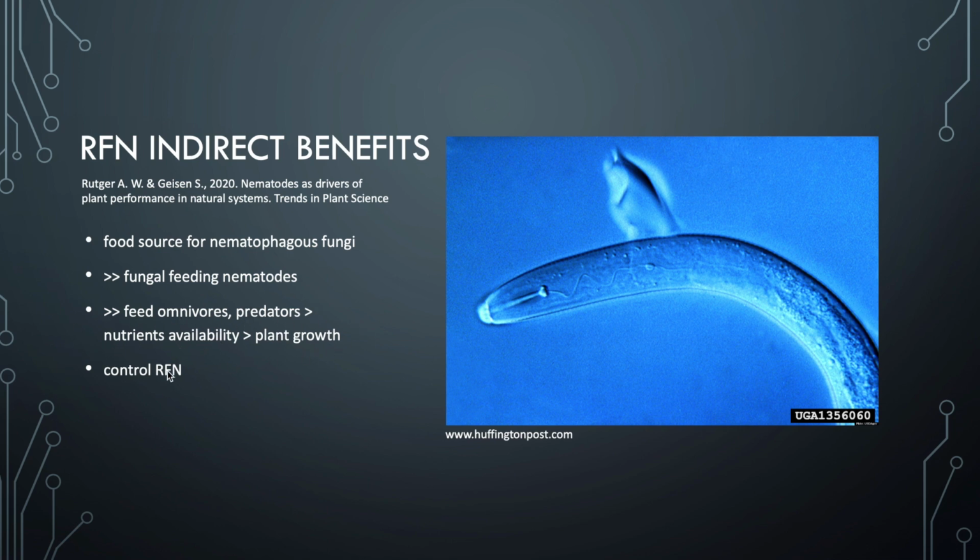And of course, overall, there is a control effect on the root-feeding nematodes as a result. So when the ecosystem is in balance and root-feeding nematodes are present in the proportions that they are meant to be present in the ecosystem, this provides conditions for other nematode groups to exist, and therefore it keeps the root-feeding nematodes in balance as a result.